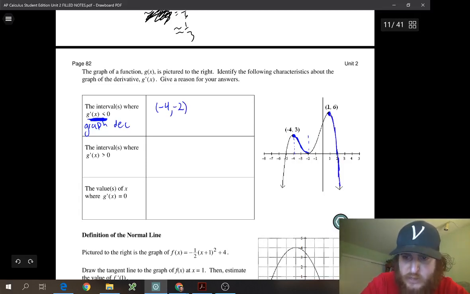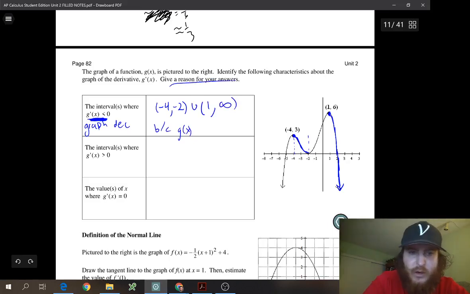We're just looking at our x values. So that's union from 1 to infinity. And they say give a reason, because the graph of g of x is decreasing. So that's our reason.